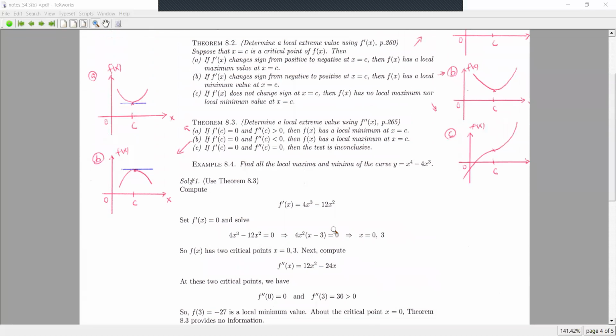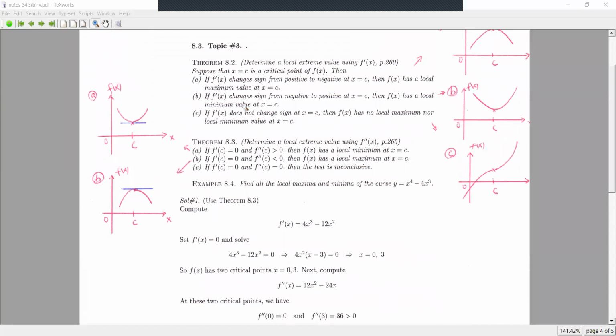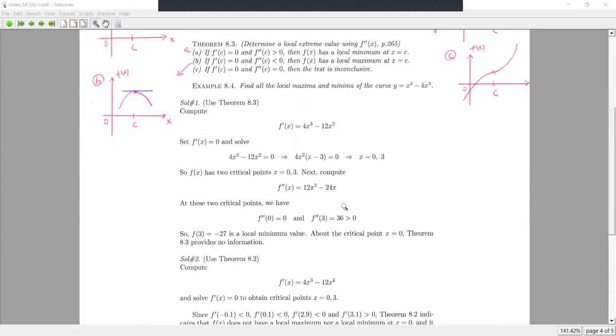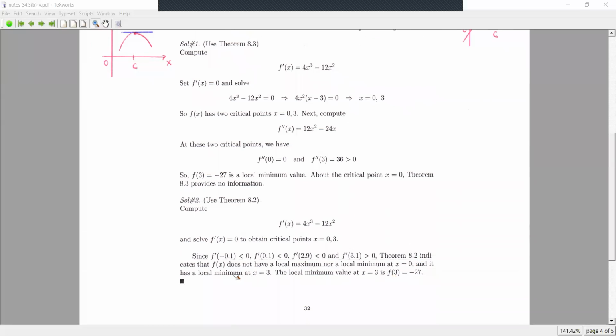It is case B. So the function f has a local minimum at the point 3. The local minimum function value at the point 3 is negative 27.